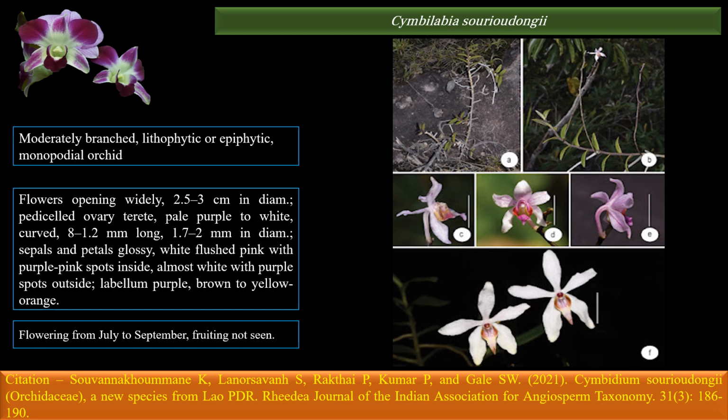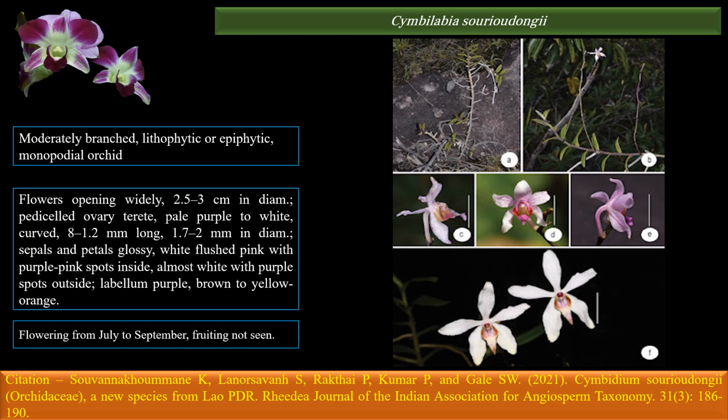2.5 to 3 cm in diameter, then pedicels and ovary terete, pale purple to white, curved, 8 to 12 mm long, then 1.7 to 2 mm in diameter, then sepals and petals glossy white flushed pink with purple-pink spots inside, almost white with purple spots outside.